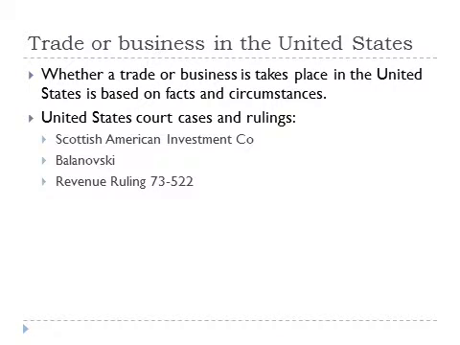Revenue Ruling 73-522, which involved a non-resident alien who owned U.S. real rental property. Here, the taxpayer was not engaged in a trade or business, much less a U.S. trade or business, because business activities were not regular and continuous.